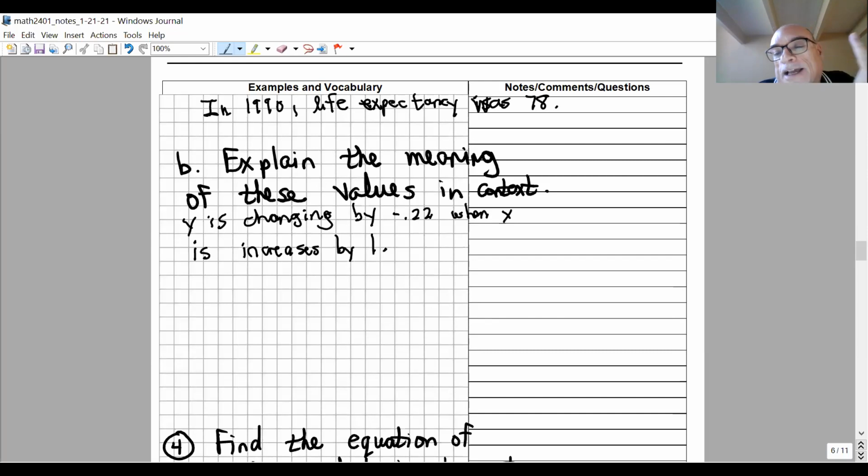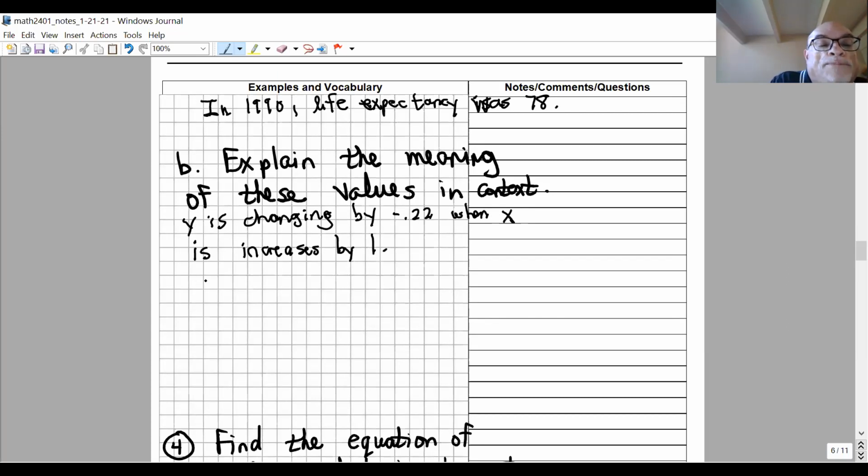Now look, we're all adults here, so we can explain this a little bit better than this sentence: y is changing by minus 0.22 when x increases by 1. I can certainly say this better by actually saying what y is and what x is. So what is y?